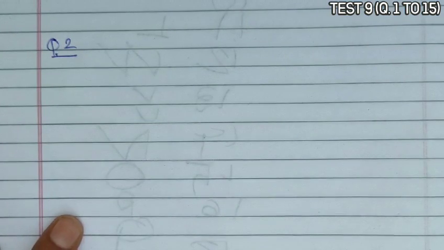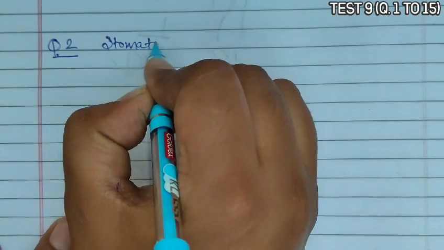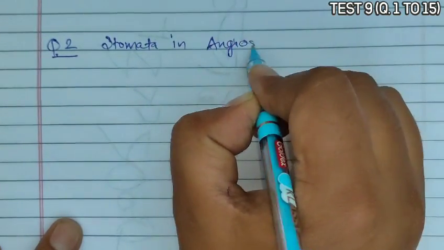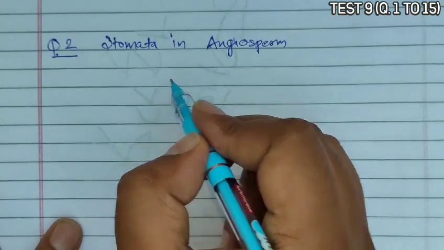Next is question 2. Question 2 asks that stomata in angiosperms open and close due to.